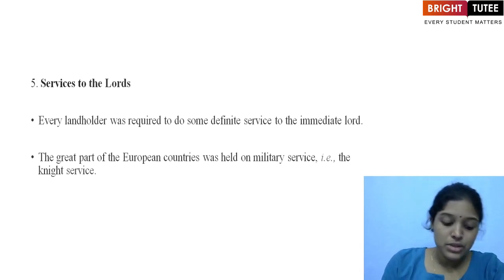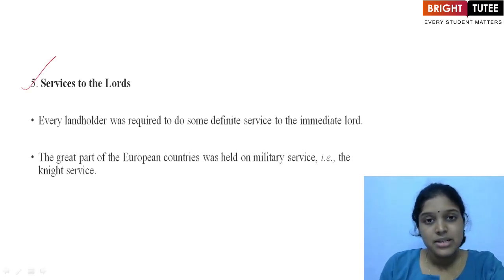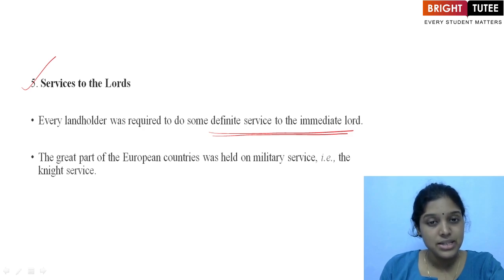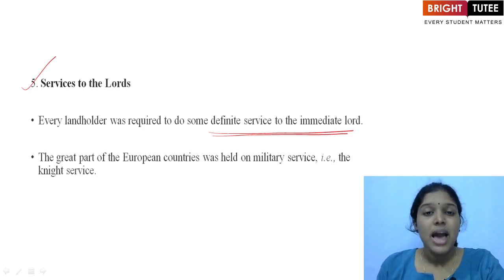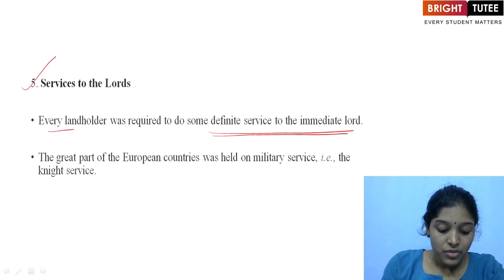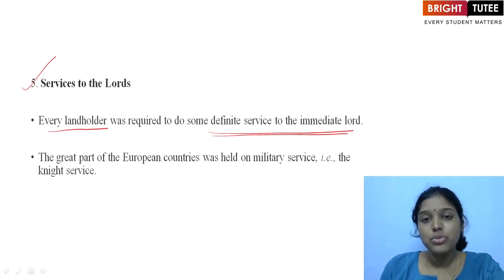And then comes the fifth feature, that is services to the lords. Every landholder was required to do some definite service to the immediate lord. This is something which we have already seen: personal services and other financial services which are given to the lord by the tenant. And it was mandatory, it was a rule, that every landholder had to serve the immediate lord.